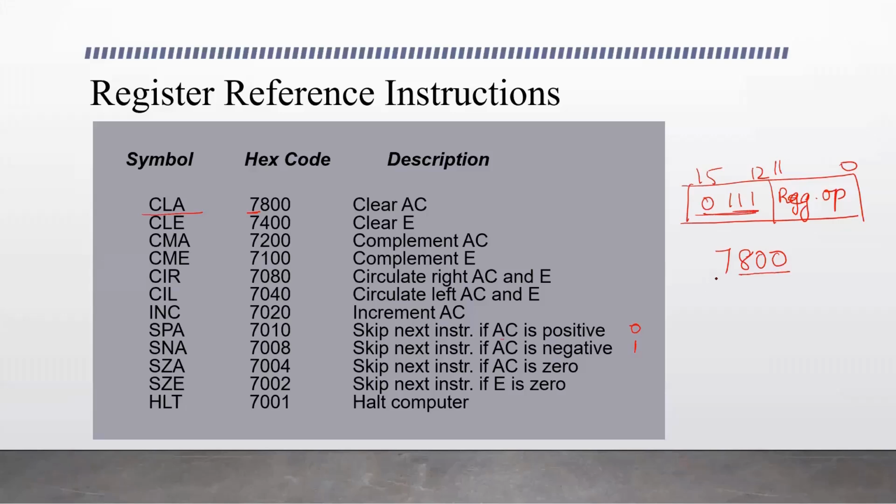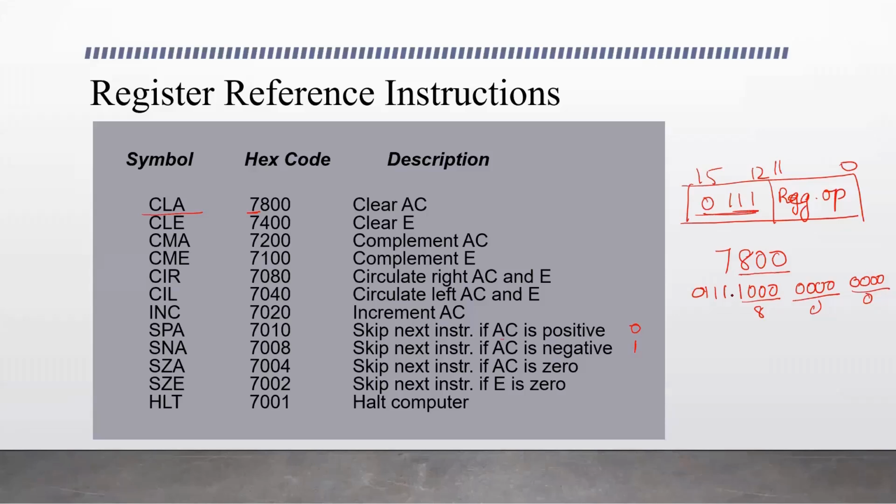Each digit represents 4 binary bits. 7 is 0111. And what is 800? You convert hexadecimal to binary. What is 8? It is 1000. And 0 next, so 4 zeros, this is 0, and here this is 0.